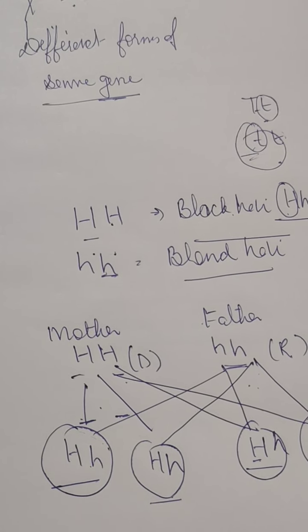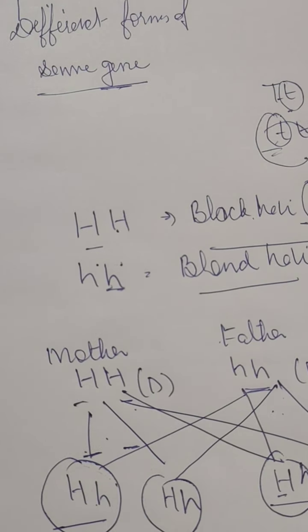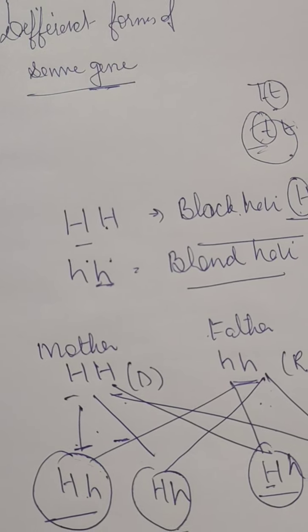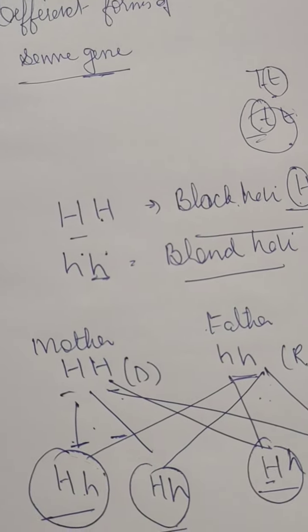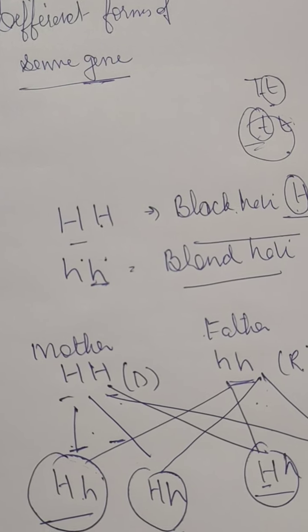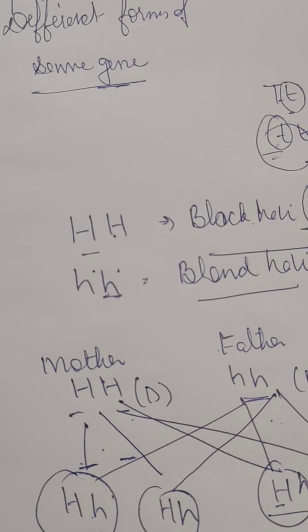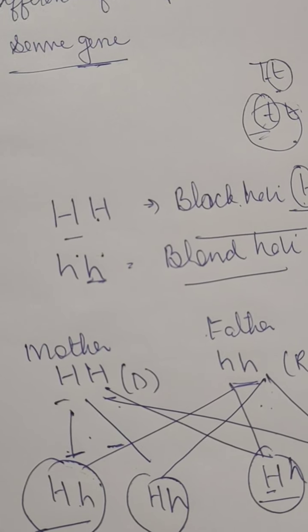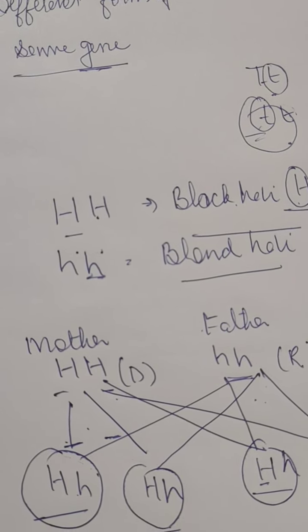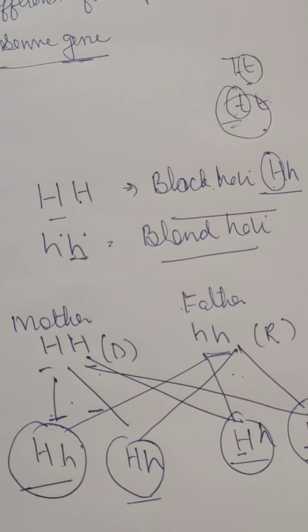So the child has the gene Hh for their hair, and gene H is the dominant gene. The blonde hair has a recessive gene. The dominant gene, capital H, will dominate for the black color. That is why black is the dominant gene and blonde is the recessive gene.